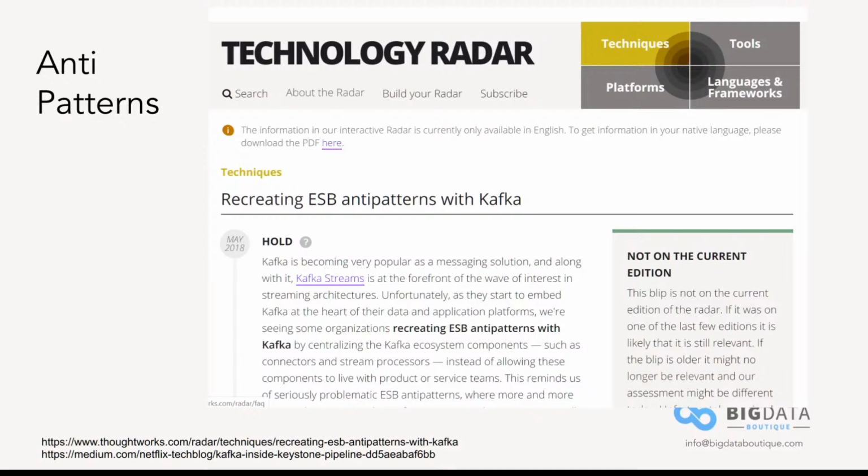It was very interesting, this technology radar, where they were specifically speaking about some anti-patterns with Kafka, which is basically recreating the typical enterprise service bus patterns, but changing the middleware, the MQ or whatever middleware you're using for your enterprise service bus, for Kafka, and not taking into account the specific things in Kafka, or where Kafka is strong and when it isn't. Okay, so this is an anti-pattern.